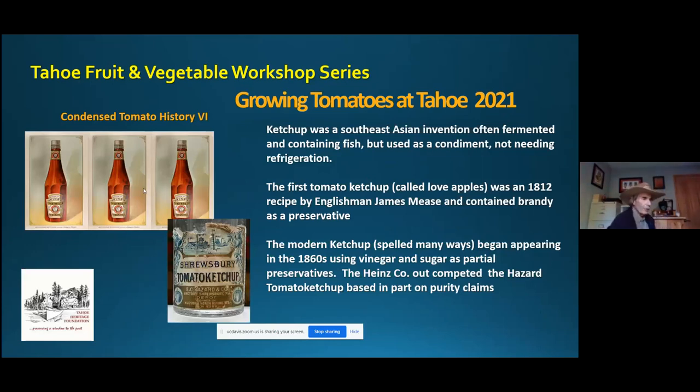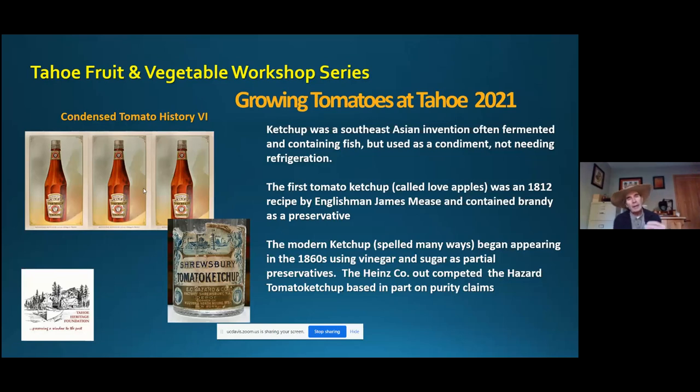The other use of tomatoes, of course, is in ketchup, which also is a fascinating story. Different people have different claims on the origin of ketchup, but my sources indicated that it was an Asian invention that contained fermented fish, and it was used as a condiment.